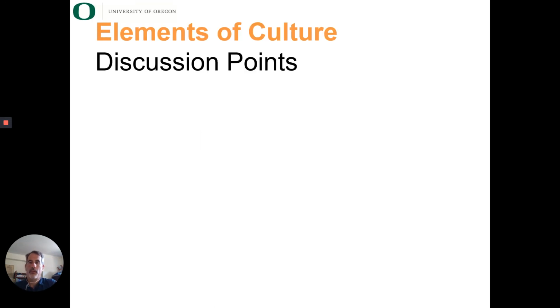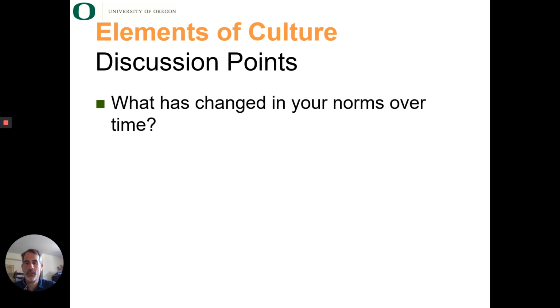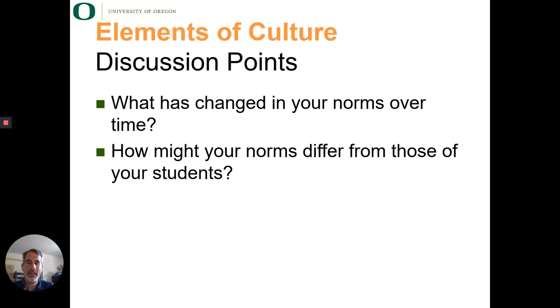Okay, so once you've completed the Elements of Culture matrix, here are a couple of discussion points to consider as a group. First of all, what's changed in your norms over time? Looking at the elements of culture that you've reflected on, which have changed, which have remained the same? How might your norms be different than those of your students?